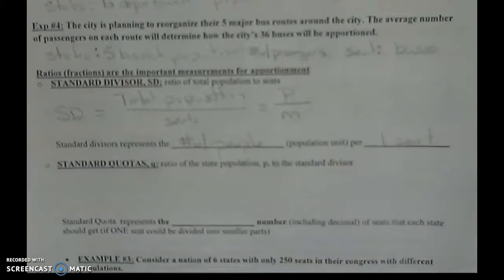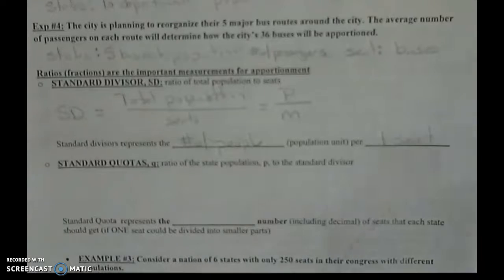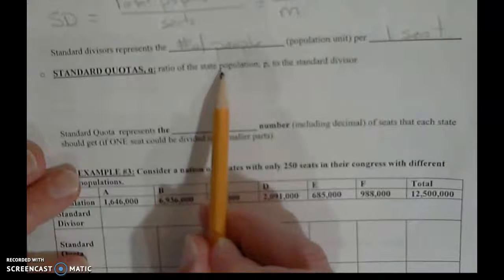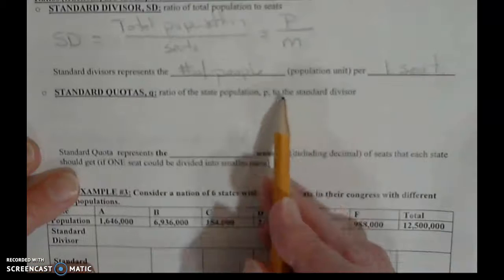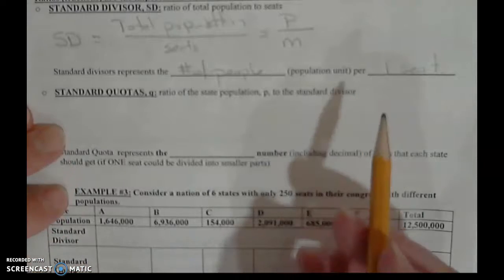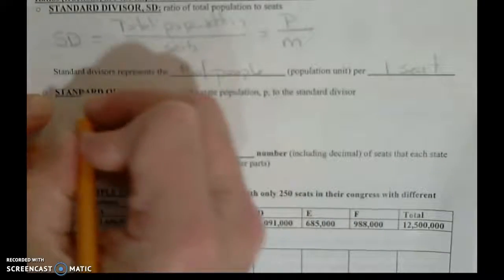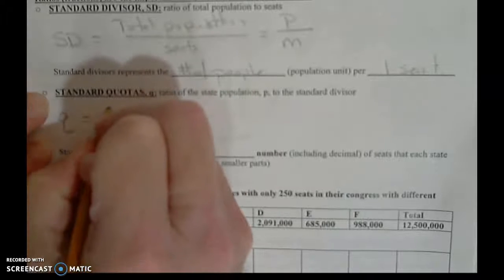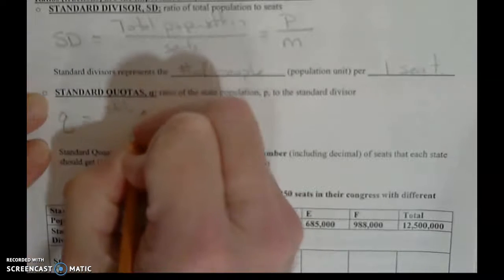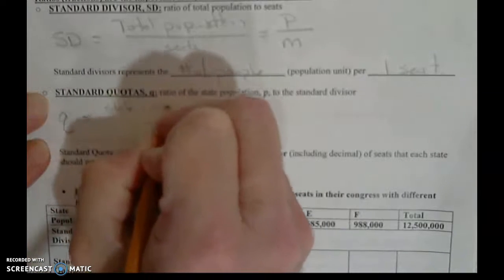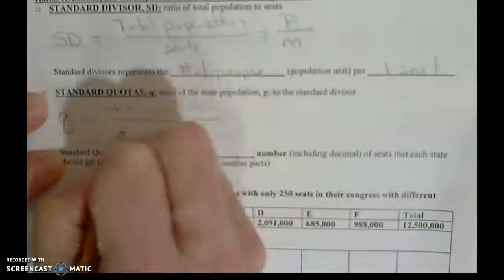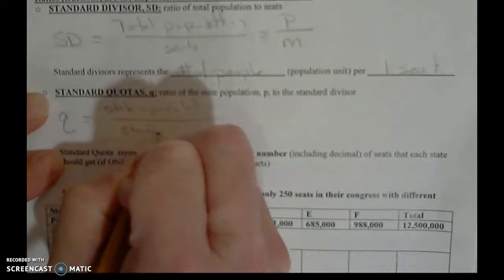All right. And then your standard quota is another one that we would use, and it is the ratio of the state population to the standard divisor. So if I want to find my quota, Q, that is the state population, not the total, over the standard divisor.